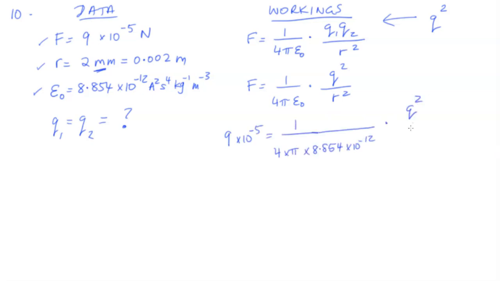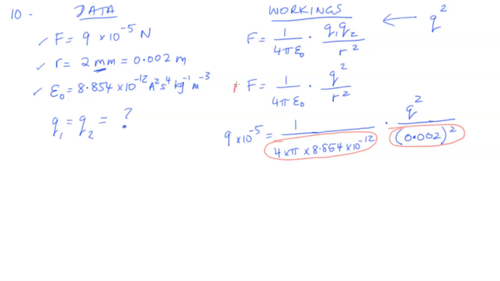This is what we're trying to find out. So we want Q squared on one side, and we want all this other stuff over to the other side. So that means we'd need to times both sides by that and by that, which will leave just Q squared on the left side.